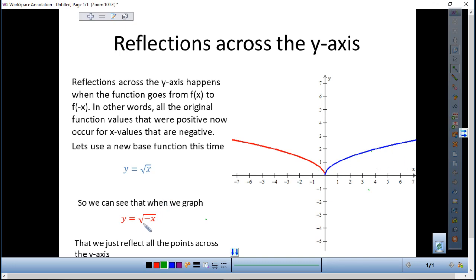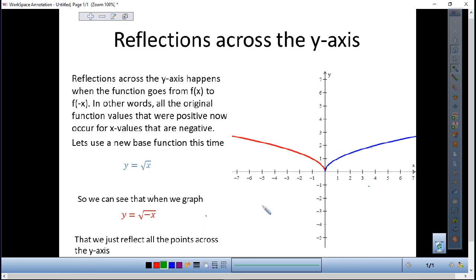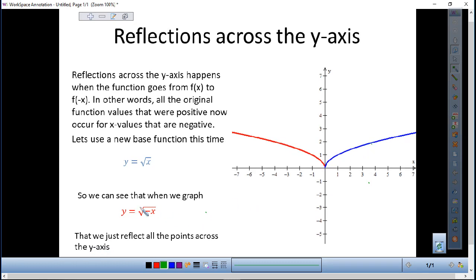For y equals the square root of negative x, I can only plug in values that are negative so that the negative negatives cancel out to be positives, and I get real values. If I plug in a value over here, I end up taking the square root of a negative, which doesn't exist in our real coordinate plane. So when you change the x value that you're plugging in to a negative x, you're just going to reflect all the points across the y-axis.